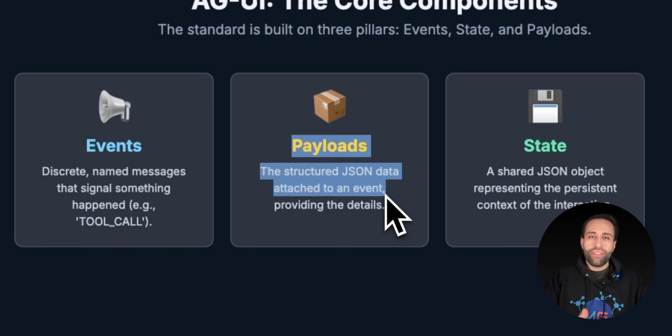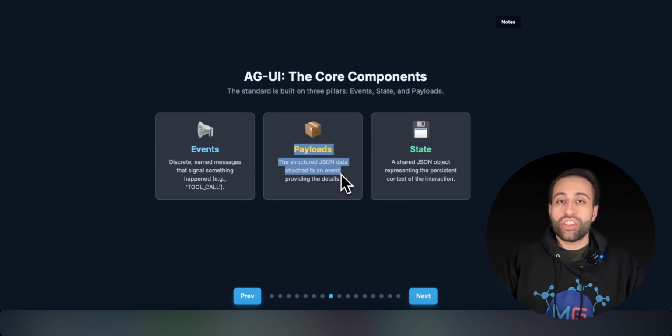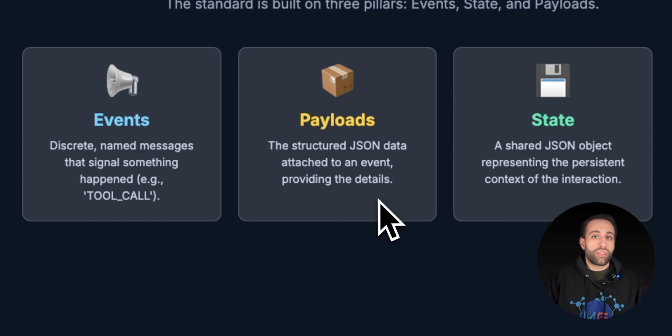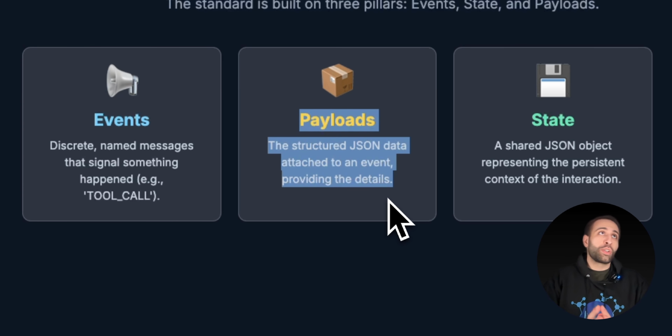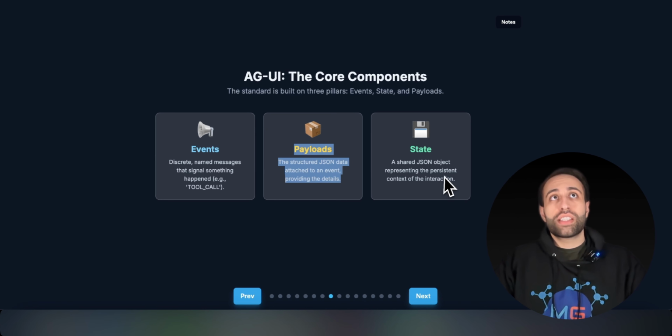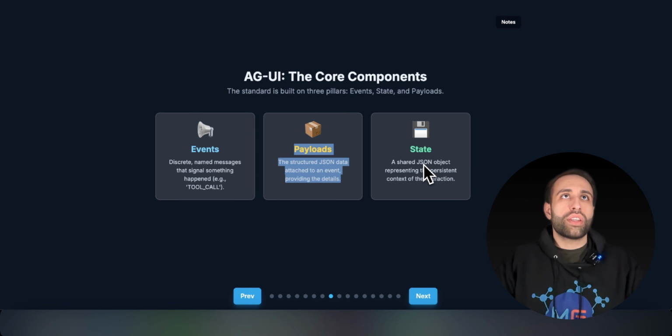That means if we have an event called message started, then what is the value of the message, or what's the text that's getting generated? So we need a JSON payload to show the value of that event. And also a state, which is a shared JSON object that represents a specific persistent context that needs to be shared across the interaction.